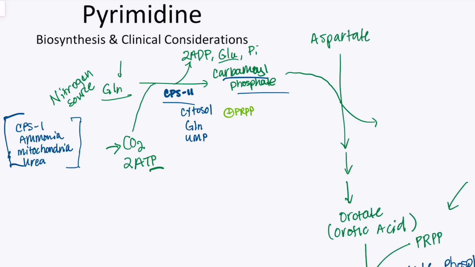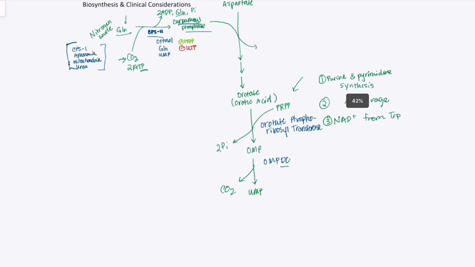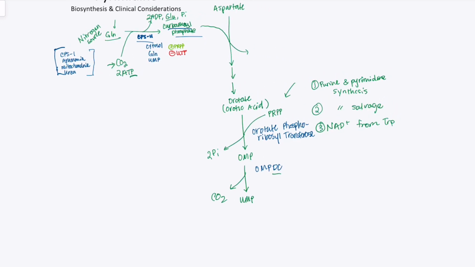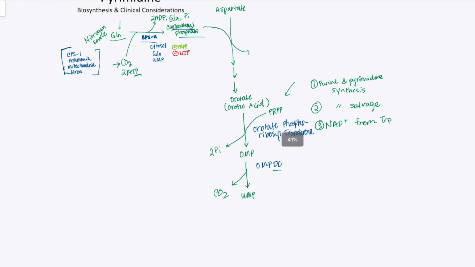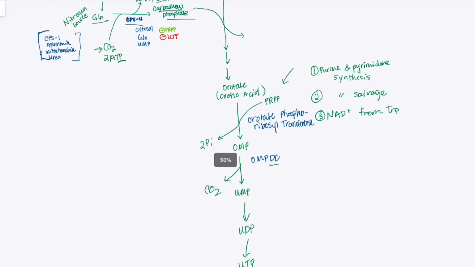But also, CPS2 is going to be negatively regulated by UTP. And that's pretty common. A lot of times our products will go back to inhibit our beginning stage enzymes to prevent the synthesis of whatever we're trying to create, right? So we're making UMP. I mean, this is going to easily be converted to UDP and then UTP, and then UTP is going to be the one that comes back and inhibits CPS2.